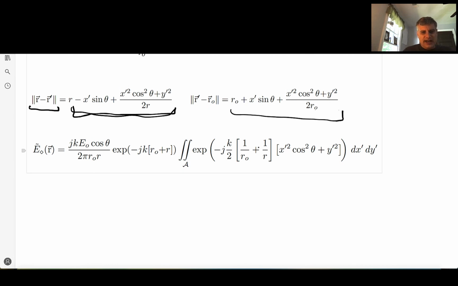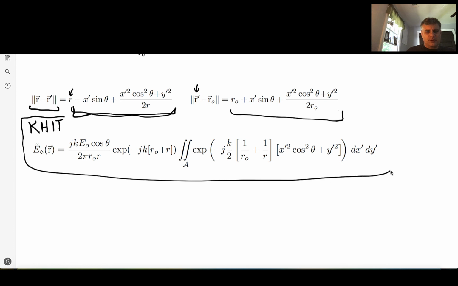So if we do that, and we basically throw away all but the first term whenever we're doing amplitudes, the KHIT expression simplifies to this beautiful result here, where I have, when I factor things out, a really nice intuitive expression.